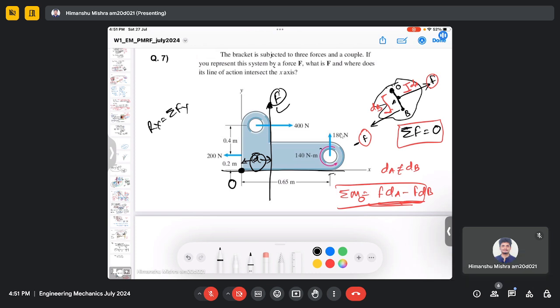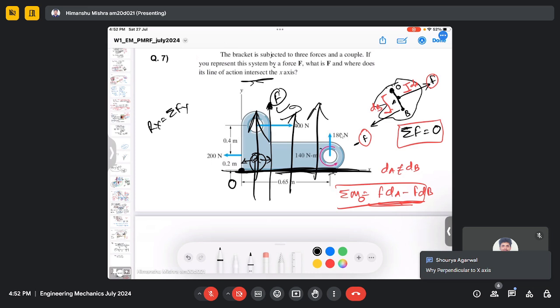So it is given that there is some unknown resultant force, and its line of action is intersecting the x-axis. It could be here, it could be here, or it could be here, but it is intersecting the x-axis. For this reason, we have assumed the direction of force like this.